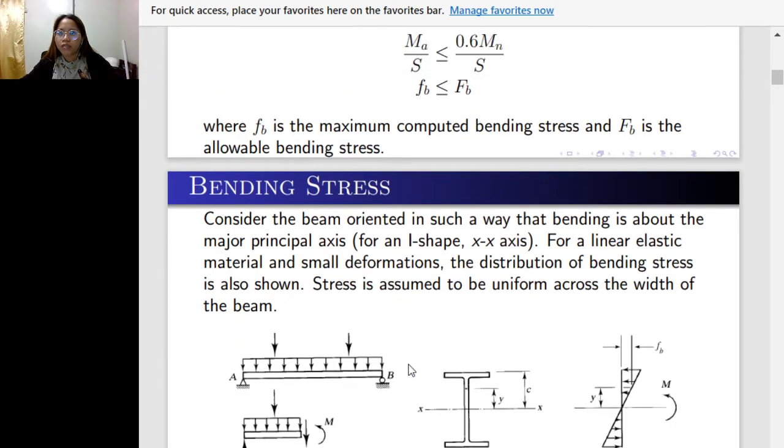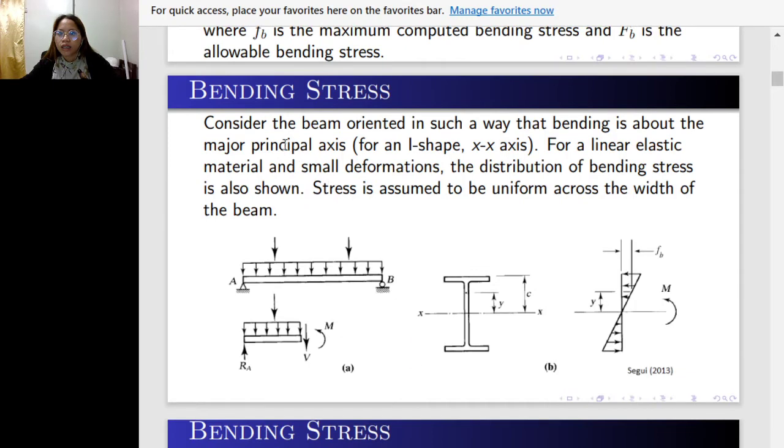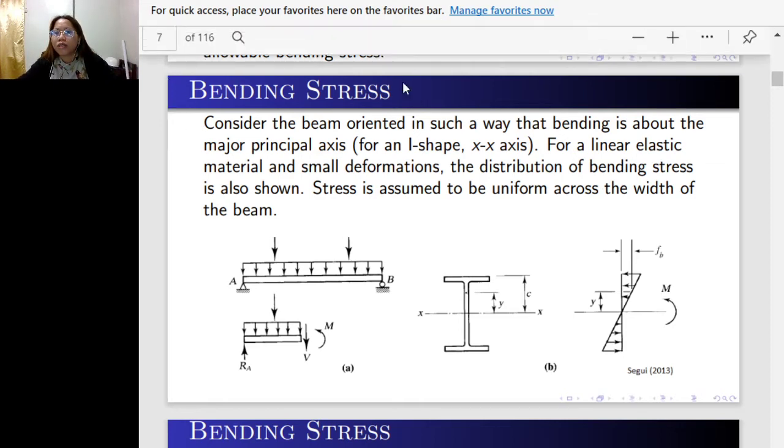For bending stress in steel, actually it is the same concept as reinforced concrete. I believe you have discussed or learned the bending stress in concrete, but the concept is the same in steel.